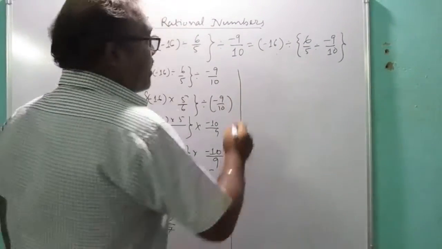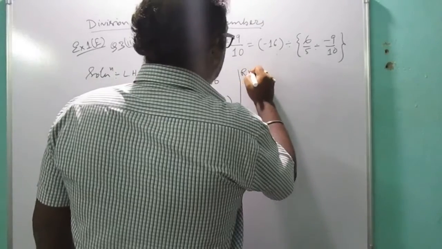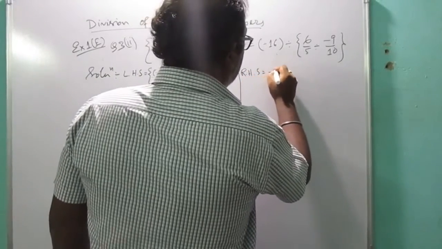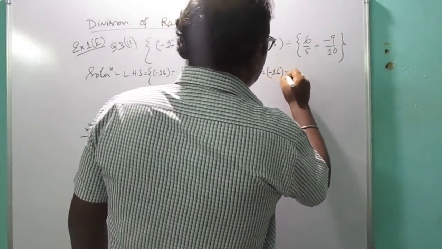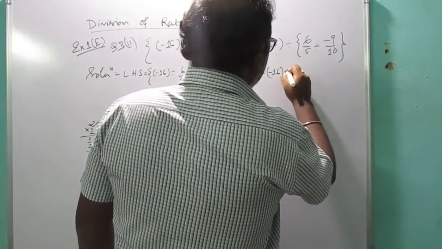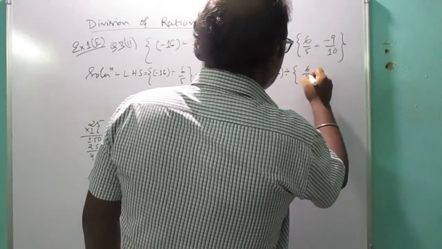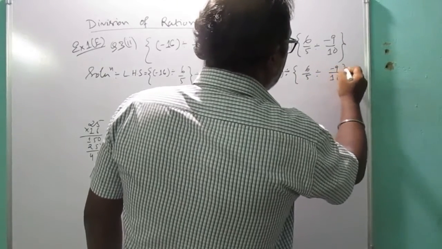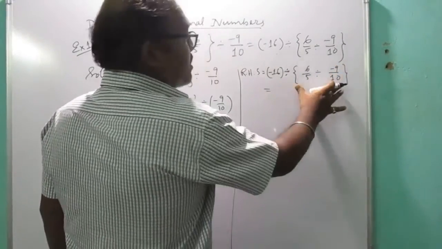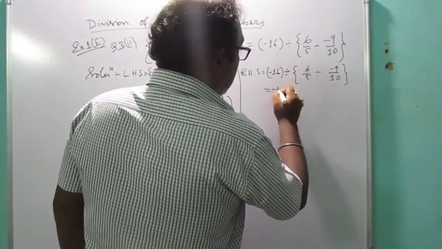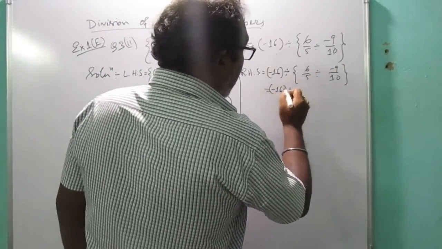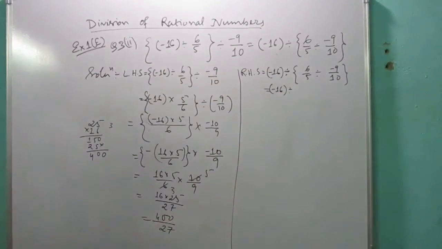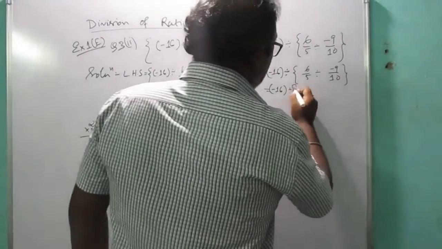Now we'll check the right hand side. So what is the right hand side? Minus 16 divided by, inside the bracket, 6 by 5 divided by minus 9 by 10. Okay, so we'll solve first what is inside the bracket.